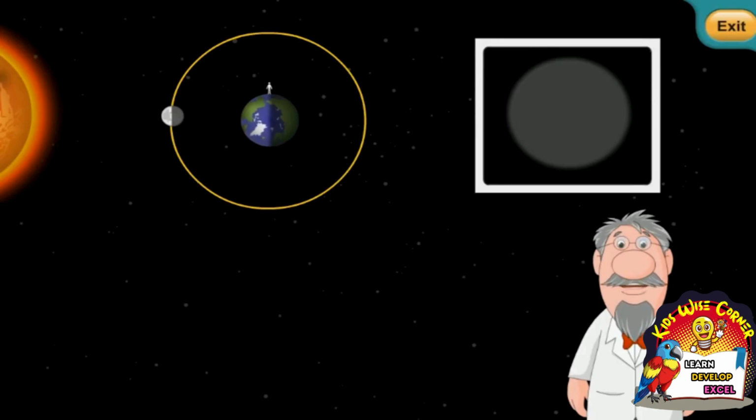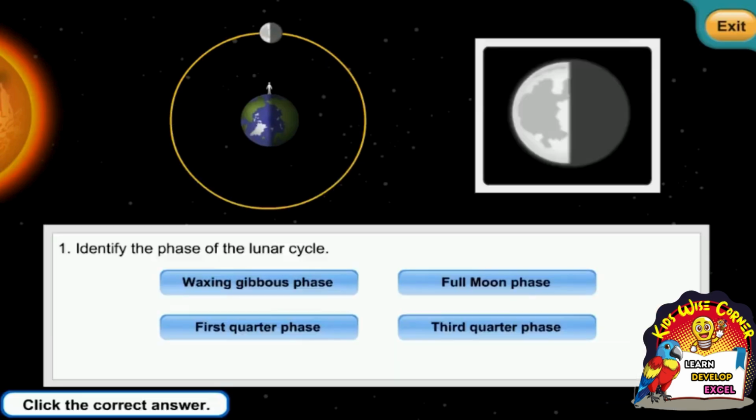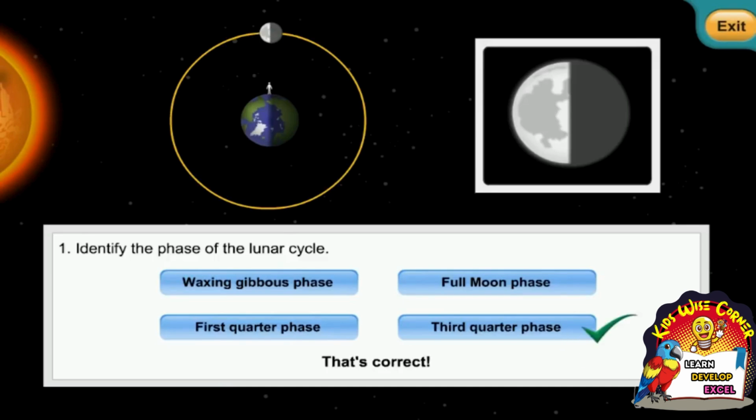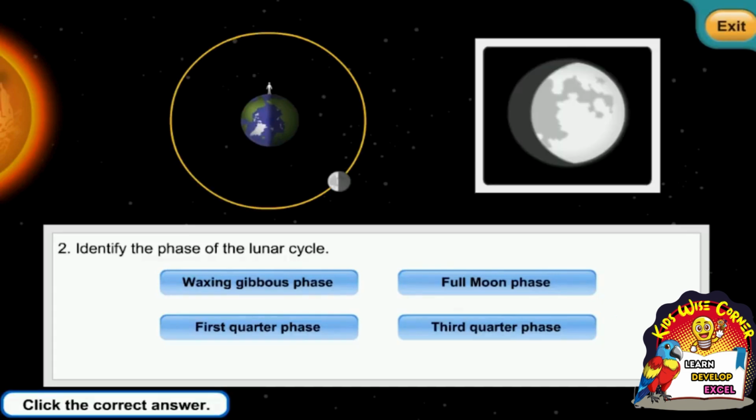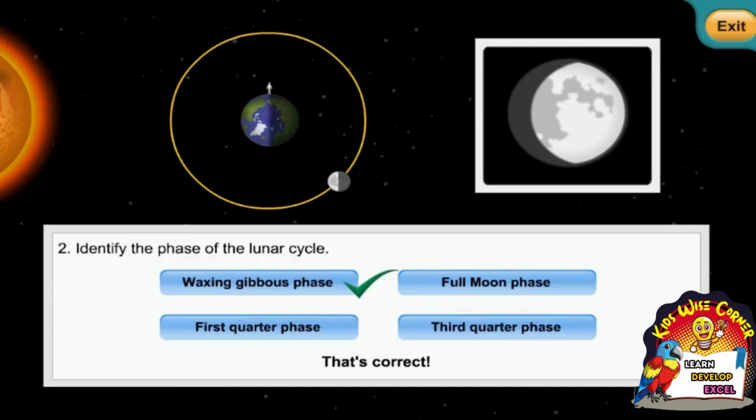You need to identify the phases of the lunar cycle based on pictures of the moon you see on screen. Third quarter phase. Waxing gibbous phase. Full moon phase.